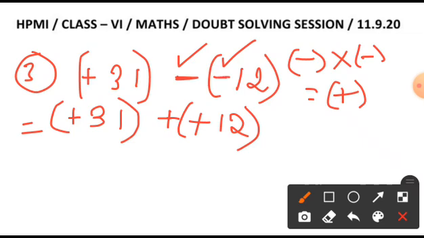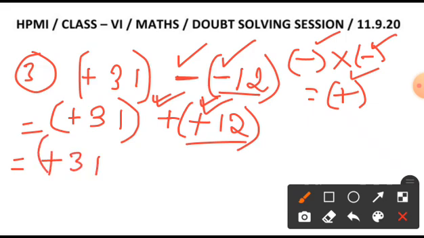So we have taken plus outside and also put plus inside. Why? Because in order to adjust the sign, you know that minus into minus means plus. Now in order to adjust the sign, I have changed the sign of the number present inside the bracket. That means minus 12 became plus 12. So finally you are getting plus 31 plus 12.